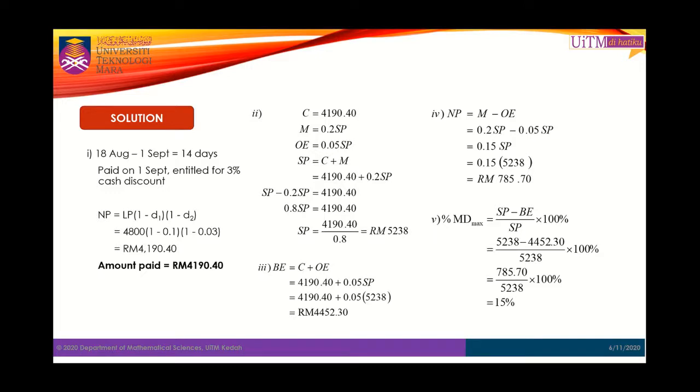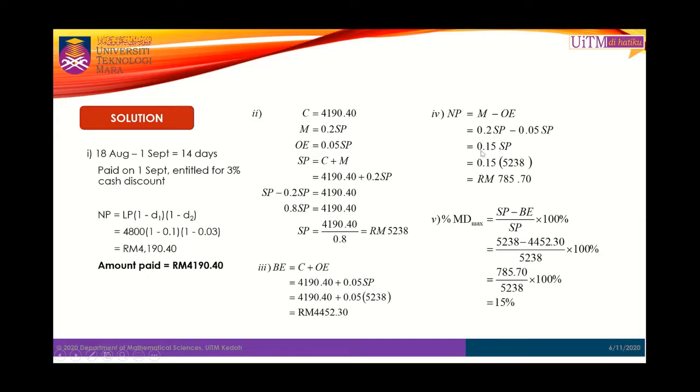the answer in part 5 with part 4, it gives you the same result. If you look through here, you have the net profit equal to 0.15 of SP, which means that the net profit is actually 15% based on the selling price.